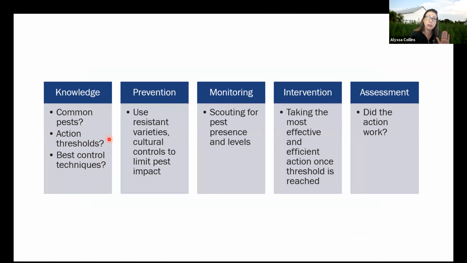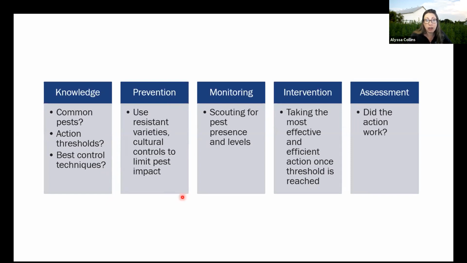That's when you know you have to do something about it, or you won't have a crop to sell at the end. For some diseases, we have that. For some diseases, we don't have those developed yet, or they don't make sense to develop for them. And what are the best control techniques? So we're learning a lot of that as we go, but I'll share some of those with you as we talk about the different diseases too.